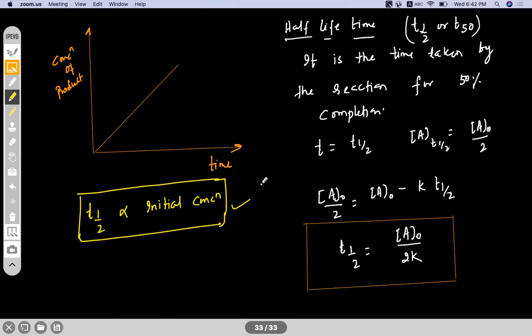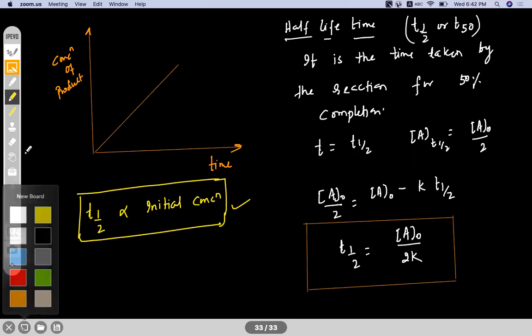Okay. Now some examples we have of zero order reaction that you should memorize. Examples of zero order reaction. Like photochemical reaction that we have. Photochemical reactions are zero order reactions.